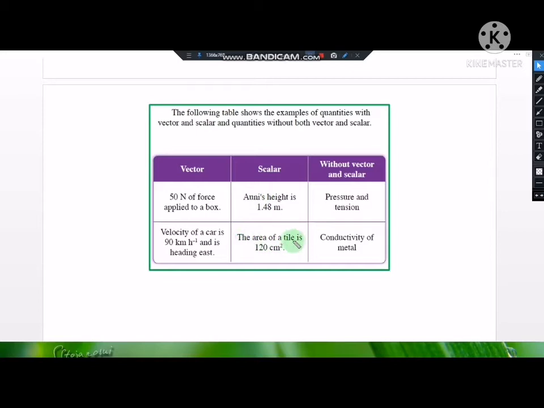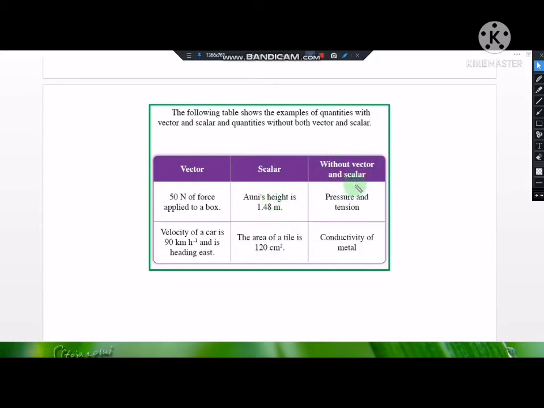The area of a tile is 120 centimeters square. It only has a magnitude, but it doesn't have a direction. Does area have a direction? No, area cannot have a direction. So we call this a scalar quantity.